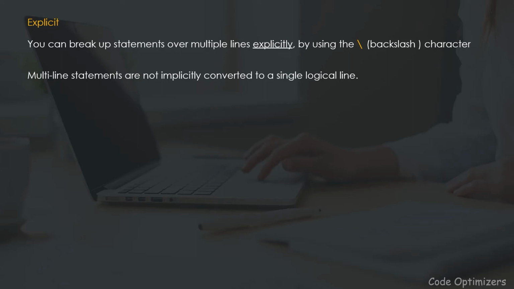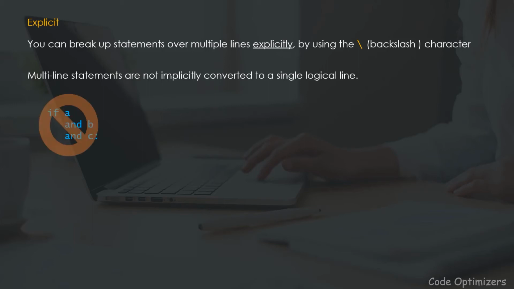So multi-line statements are not automatically converted into a single logical line, so we have to use a backslash. For example, if we want to break up an if statement that has multiple ands and ors, and it gets really complicated, it might make more sense to break it up over multiple lines in order to understand what the piece of code is doing.